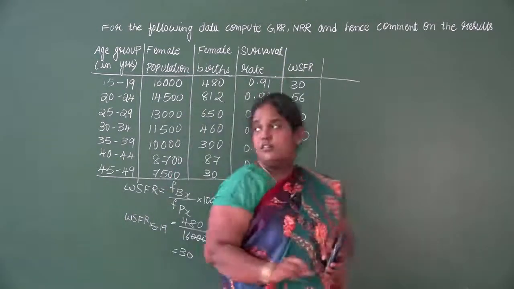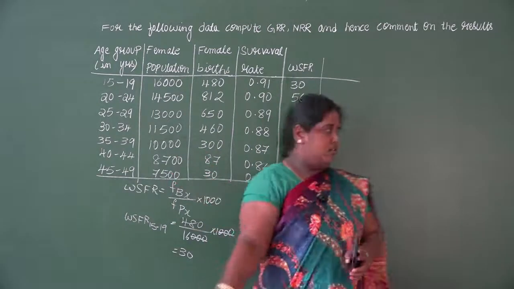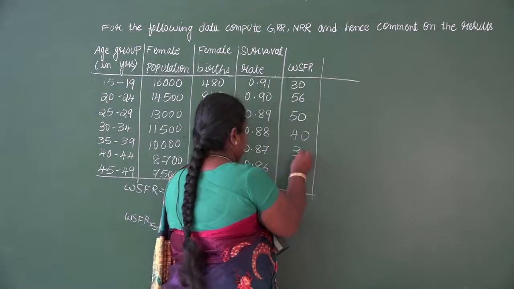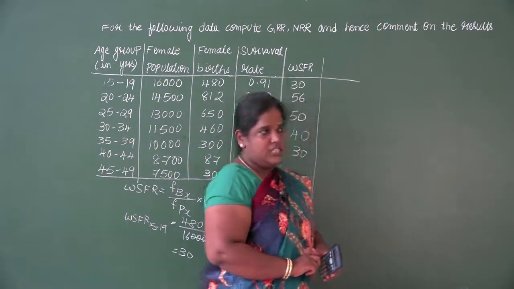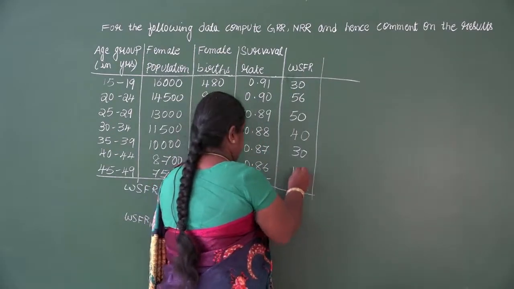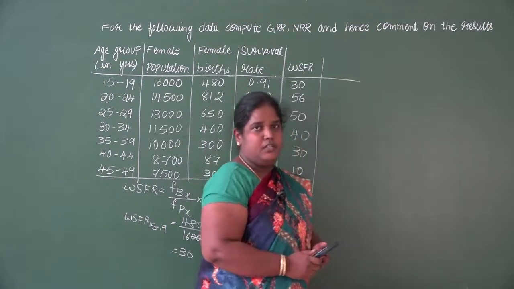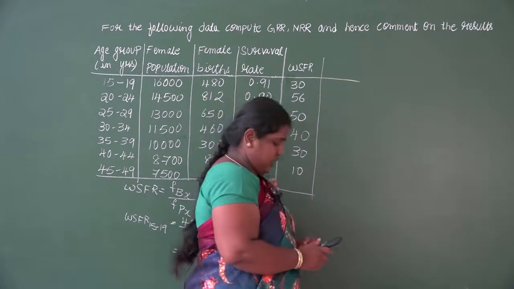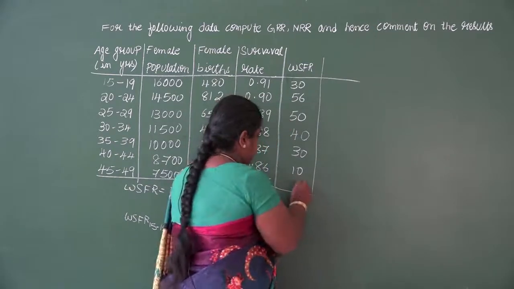The next one, 300 divided by 10,000 into 1000, it is 30. Next, 87 divided by 8,700 into 1000 will get 10. And the last one, 30 divided by 7,500 into 1000 will get 4.